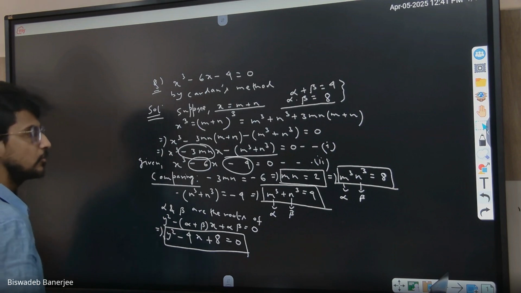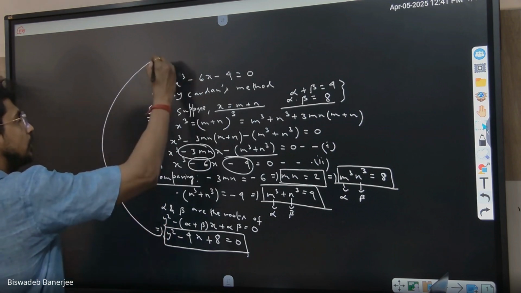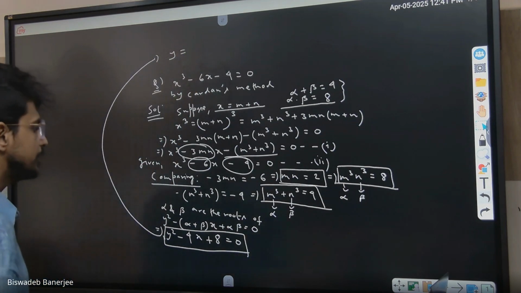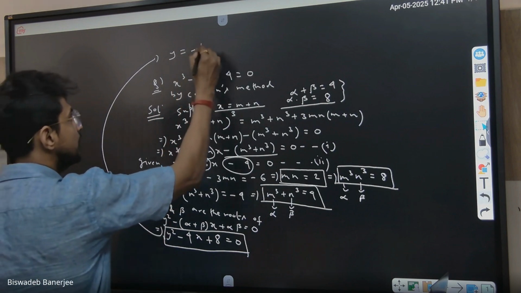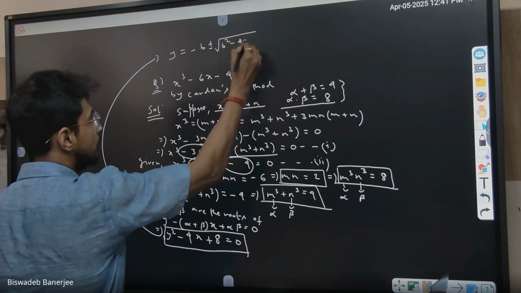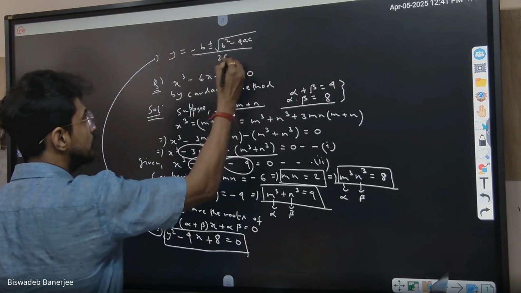The Sridharacharya method says we can write y as minus b plus minus root over b square minus 4ac by 2a.